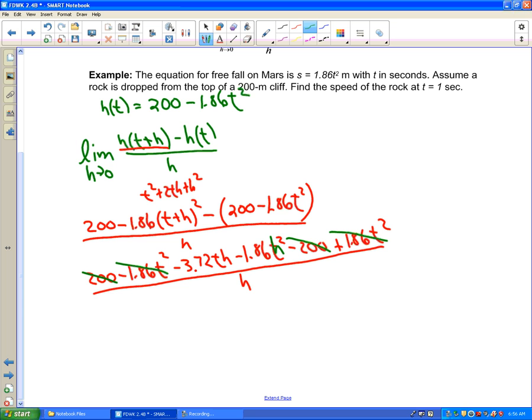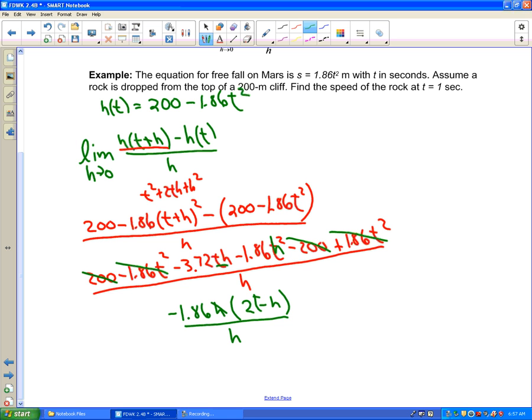If we look at the two terms that are left in the numerator, they have a common factor of negative 1.86h. That would leave us here with a 2t, and back here it would leave us with a minus h. This is all over h.